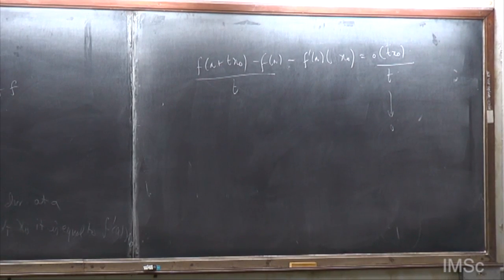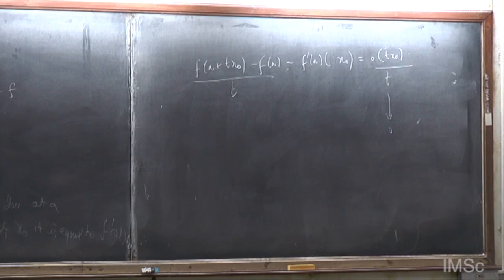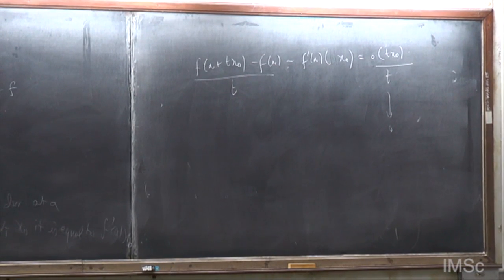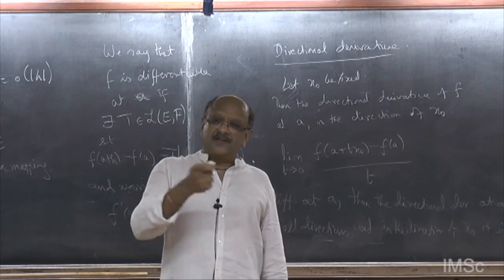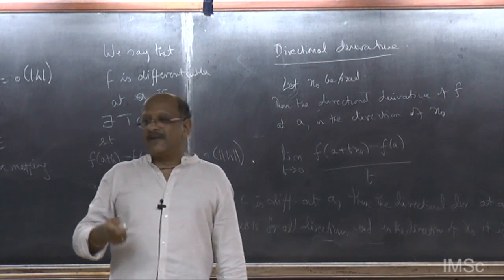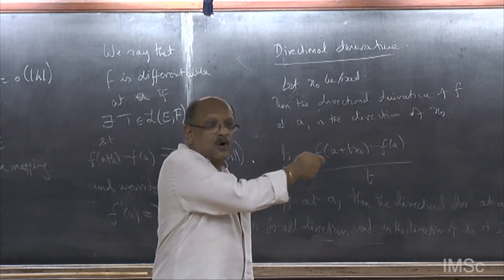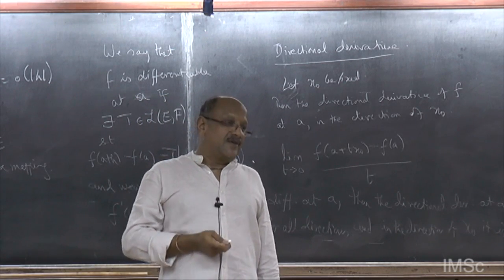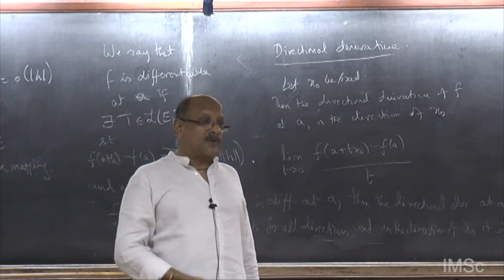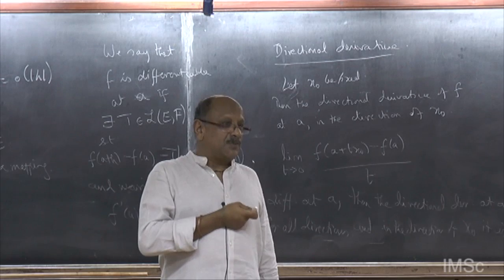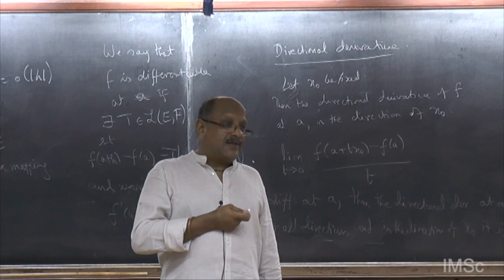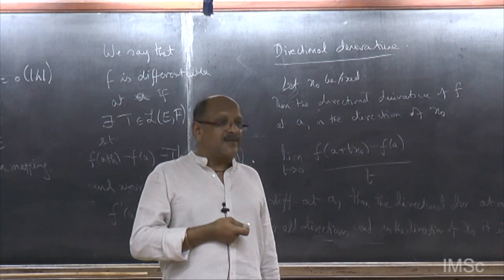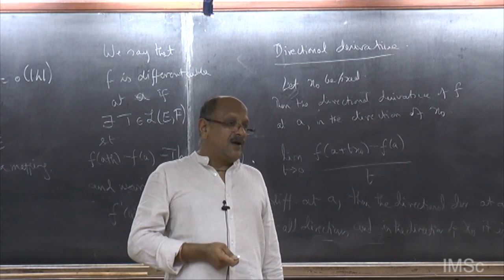So, now one should ask the question, if the directional derivative exists in all directions, is the function differentiable? I said if the function is differentiable, the directional derivative exists in all directions, and I gave you how to calculate it. Now, the converse: suppose the directional derivative exists in all possible directions, is the function differentiable, and if so, what is the derivative? Unfortunately, the answer is no. The directional derivative can exist in all directions, but still the function can fail to be differentiable.